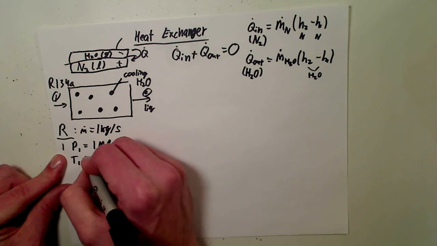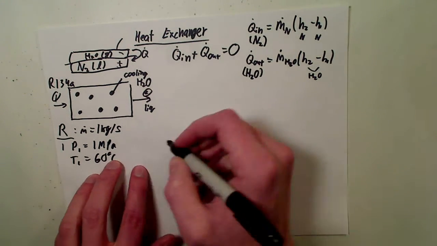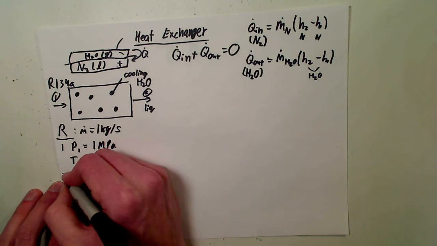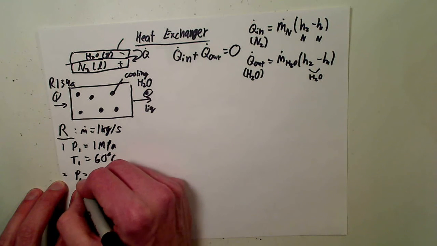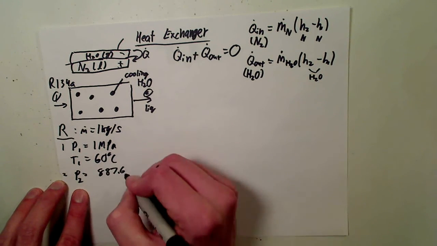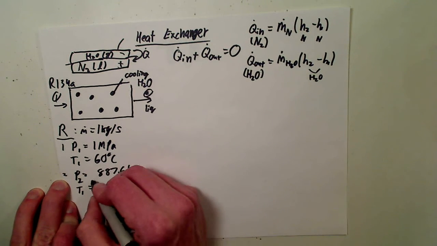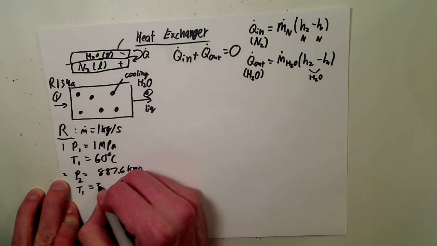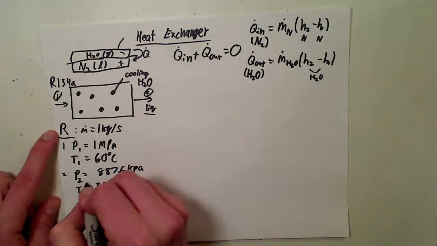We know that it has a temperature of 60 degrees Celsius. We know in state 2, it has a pressure of 887.6 kPa. We know it has a temperature of 35 degrees Celsius. And we also know that it is a liquid.